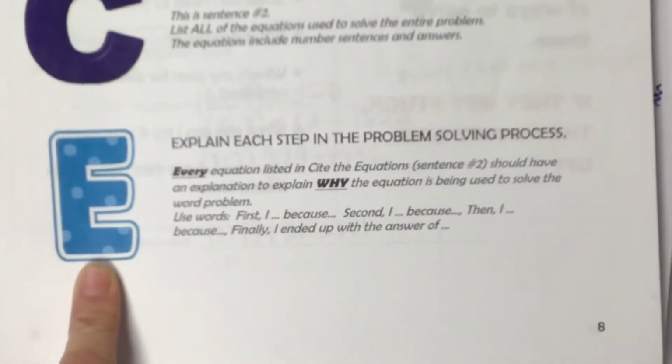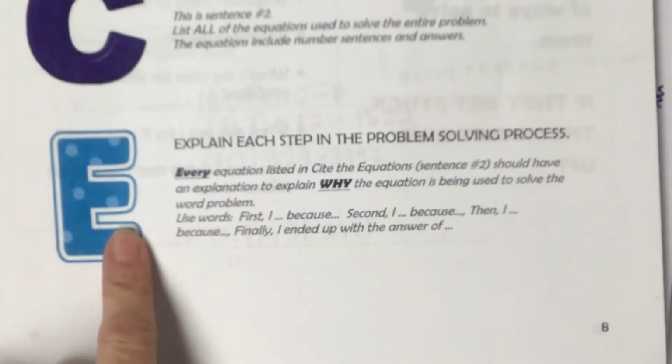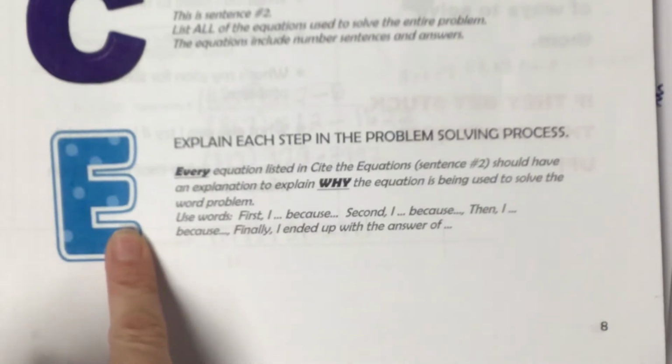And then after you say the equation, first I multiplied 7 times 5 because. You're going to say that because word, and that's going to lead you to the E, explain. First I multiplied 7 times 5 because there are 7 children and each child will get 5 pencils.